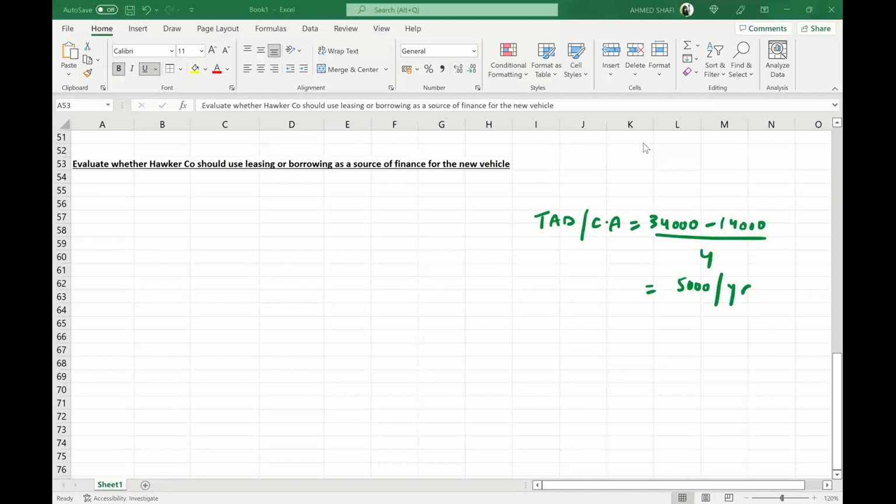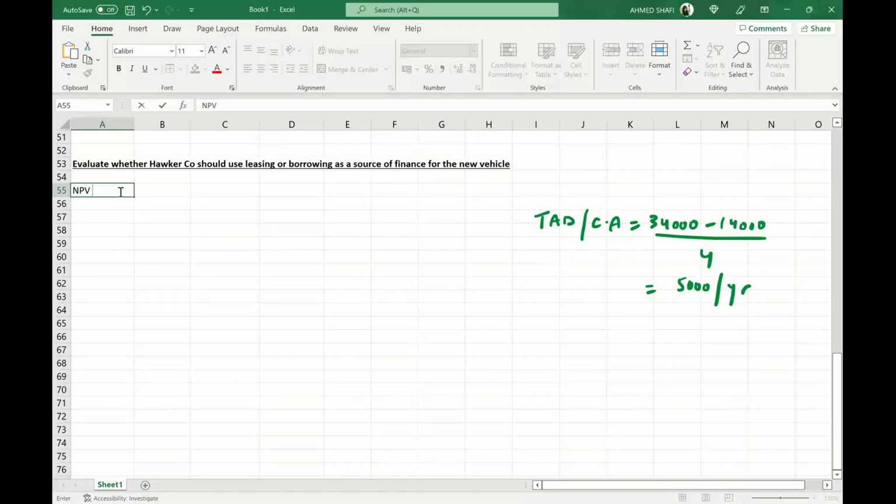When you are deciding whether to lease or buy, you need to find the NPV of each option and then decide. The first option is borrowing and buying, so I will find the NPV of option 1. After doing this, I will find the NPV of option 2 and then decide which is better.